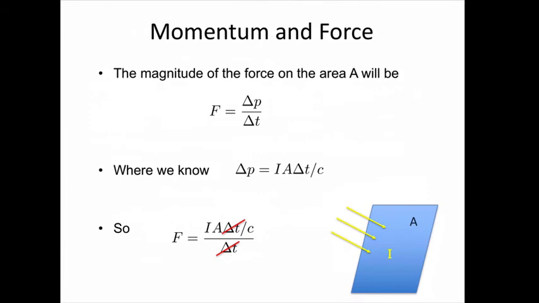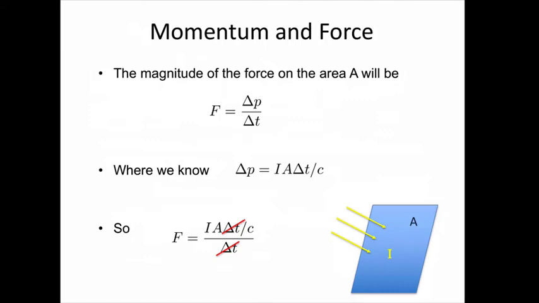And from that we get that the size of the force applied by the light hitting the surface is delta p over delta t. And we know that delta p equals I times A times delta t over c.